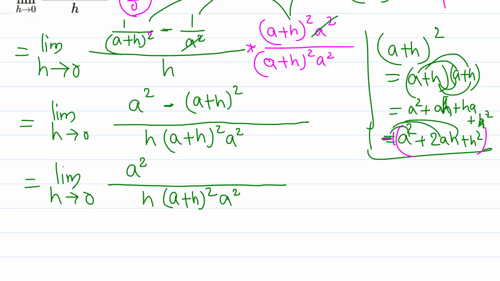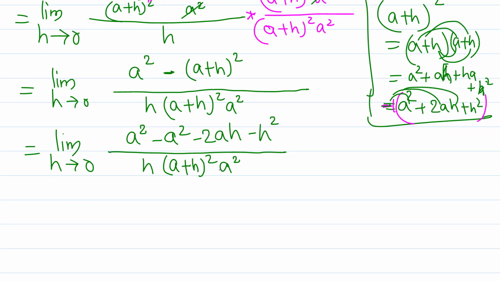Distribute negative 1: negative a squared, negative 2ah, negative h squared. Now we combine the like terms. In this case, plus a squared minus a squared cancel.